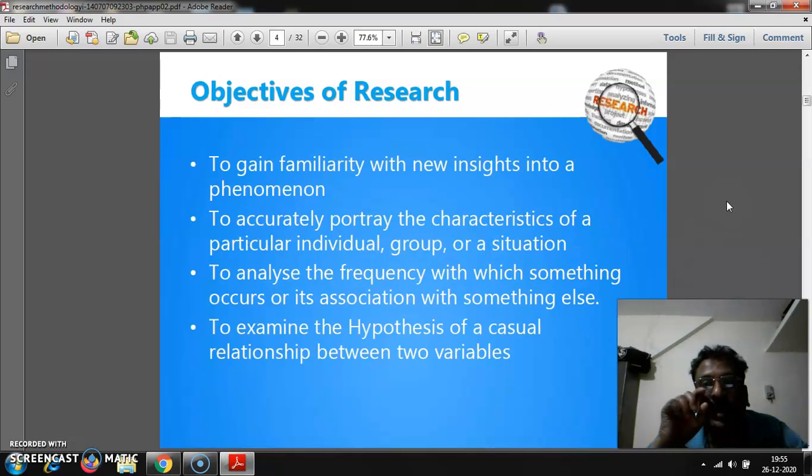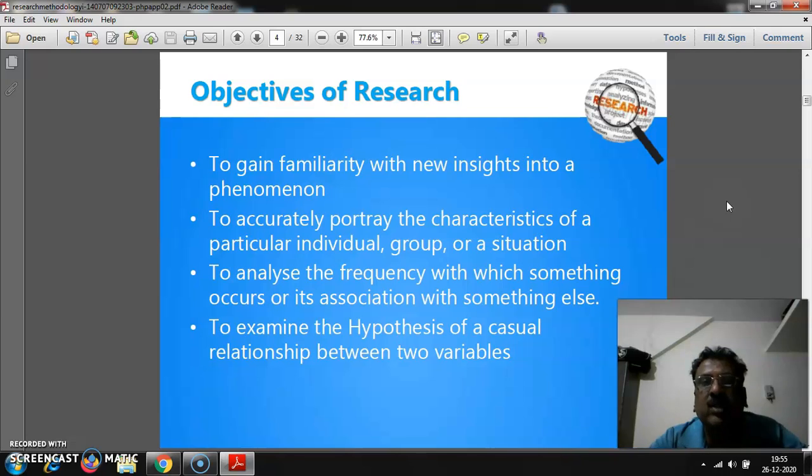There are a number of objectives in research, that is, to gain familiarity with new insights into a phenomenon, to accurately portray the characteristics of a particular individual, group or situation, to analyze the frequency with which something occurs or its association with something else, to examine the hypothesis of a causal relationship between two variables. These are the major objectives of research.